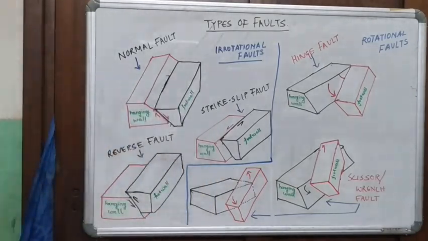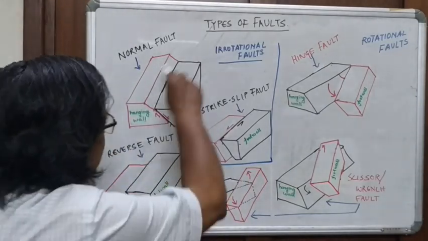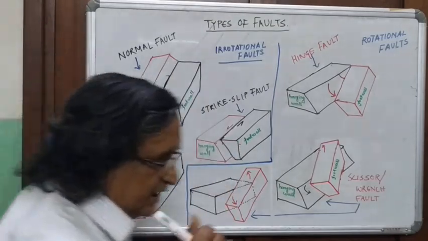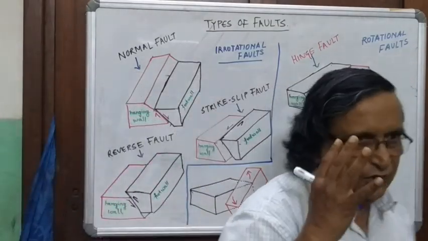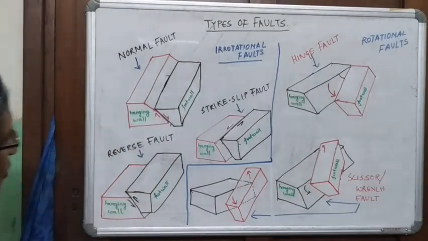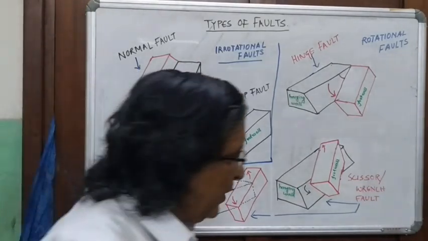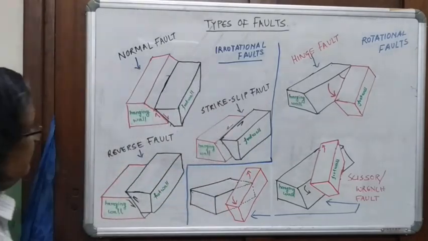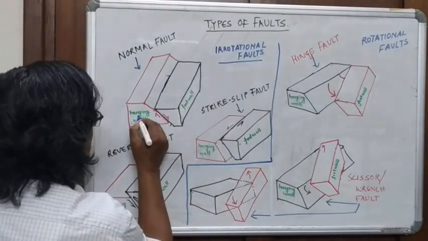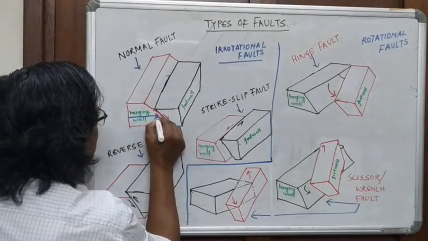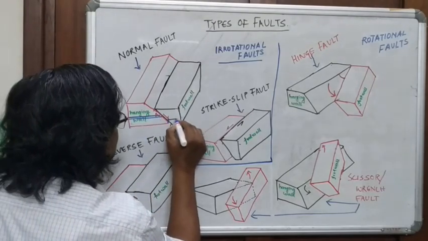Fine. Now, in irrotational faults, there are essentially three types of faults. One is called the normal fault, which we have discussed before, where, for example, you have a horizontal bed here, and that is displaced.